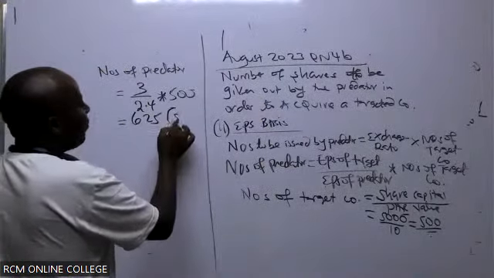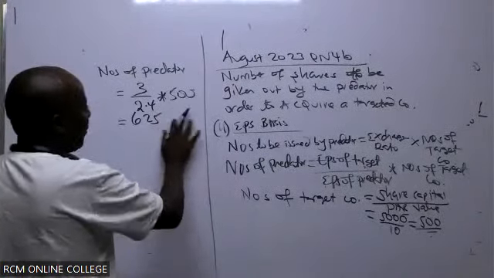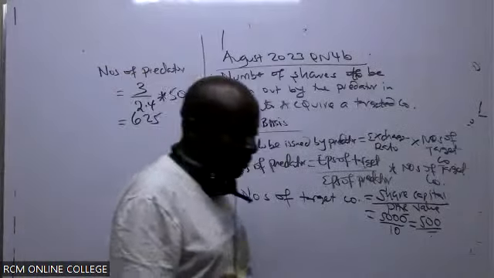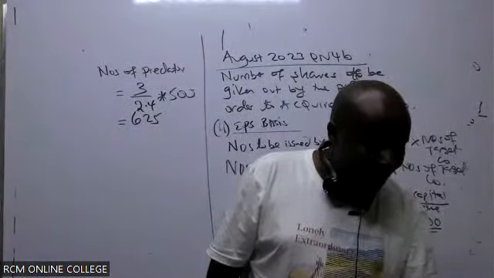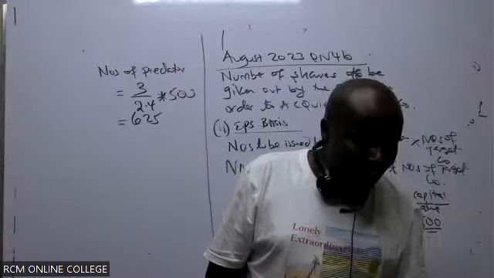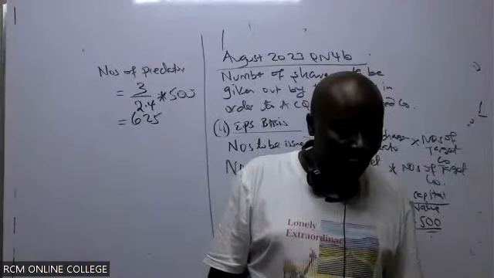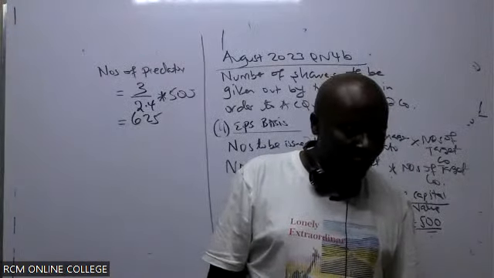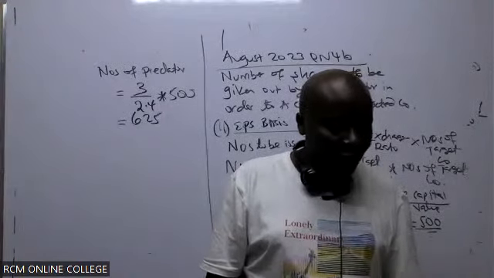Remember my figure. When you are dividing, even if you leave out these thousands, there is no examiner who will ever punish you. Remember, it was supposed to be 5 million divided by 10.